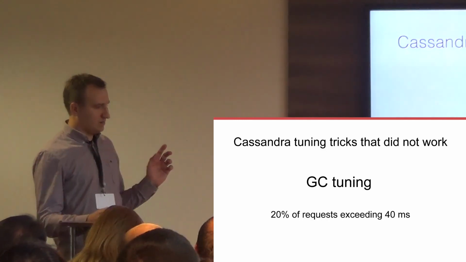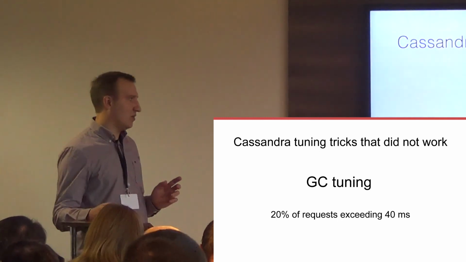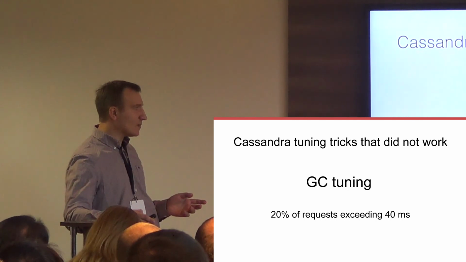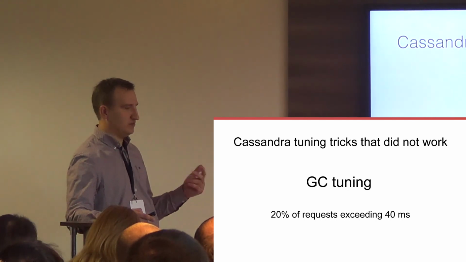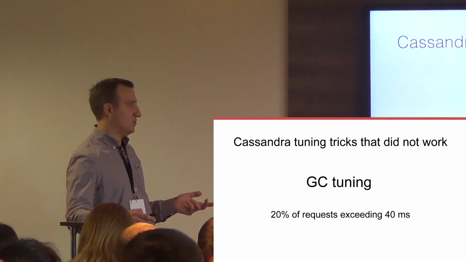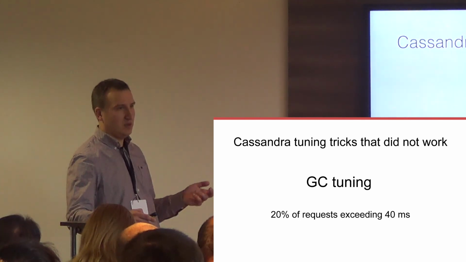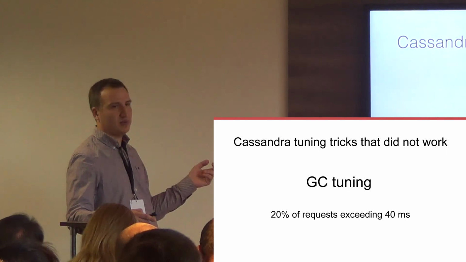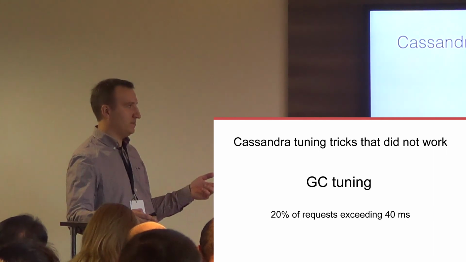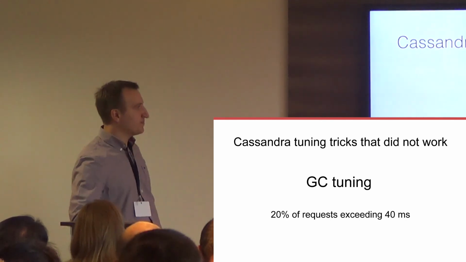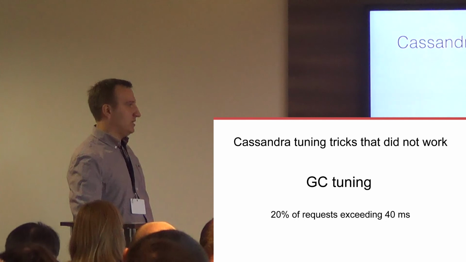And when we deployed our Builder APIs, using Cassandra and reading cookie profiles from it, we got 20% of our requests exceeding 40 milliseconds, which, as you remember, in real-time bidding processing is a failure because you cannot keep up with the 100 millisecond latency requirement. So we needed to do something.